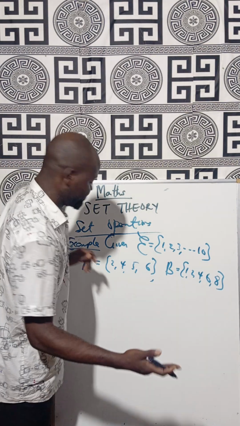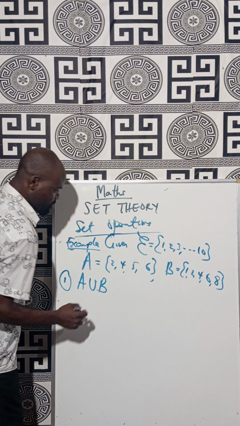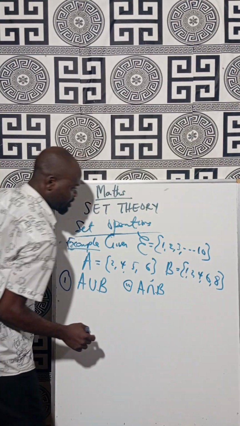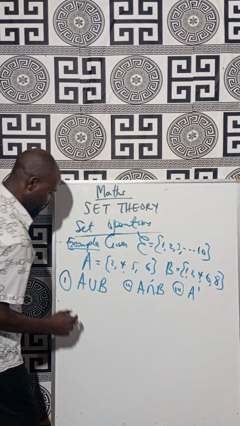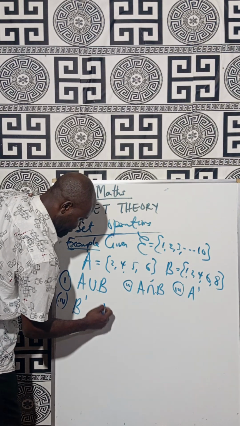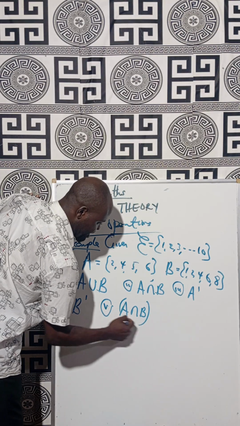Number 1, we have A union B. Number 2, we have A intersection B. Number 3, we have A complement, A prime. Number 4, we have B complement. Number 5, we have A intersection B, everything complement.